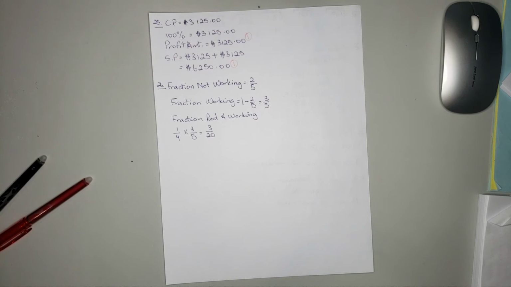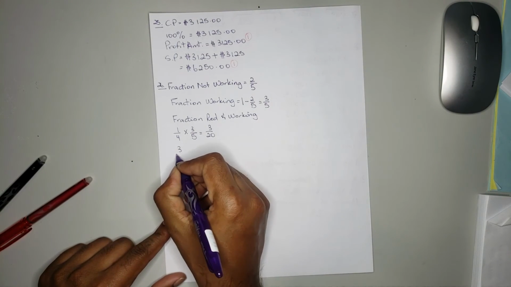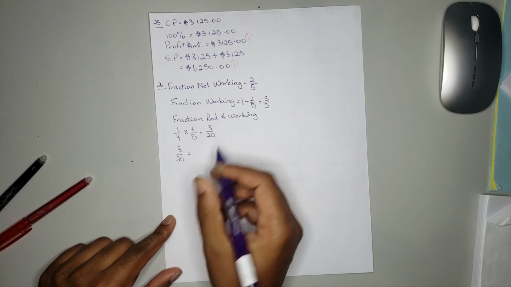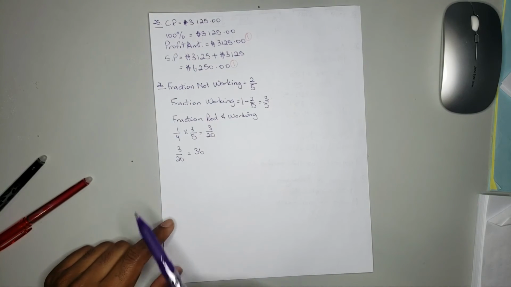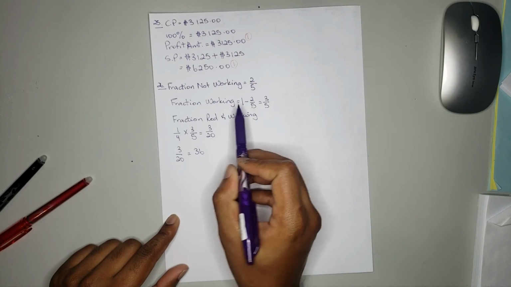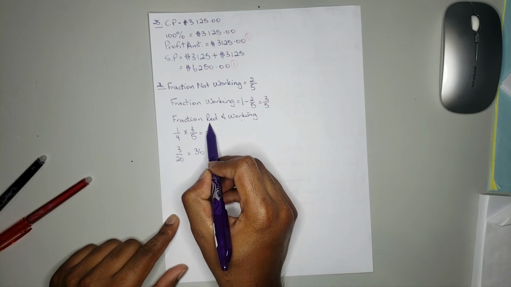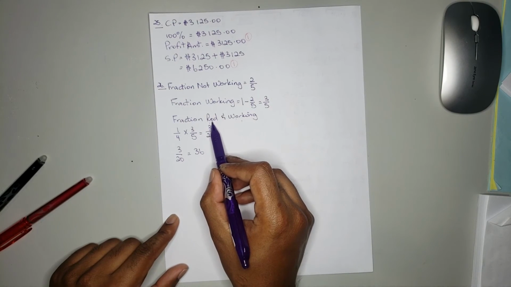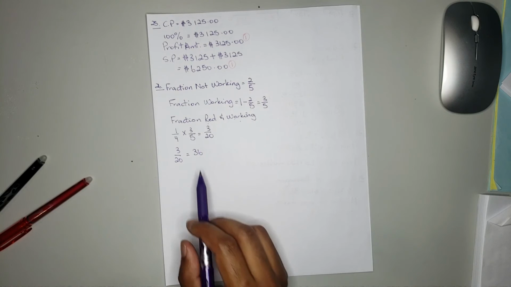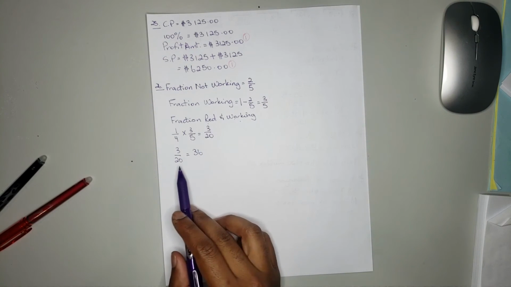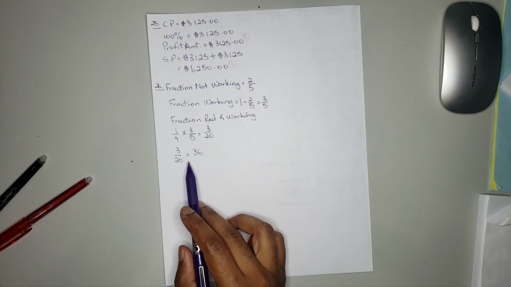If 36 of the working pens were red, good, so therefore we know now 3/20ths is equal to 36, because it said 36 of the working pens are red. So the relationship between the 3/20ths and the 36 is that 3/20ths is equal to 36.